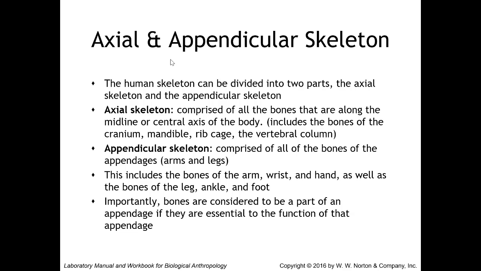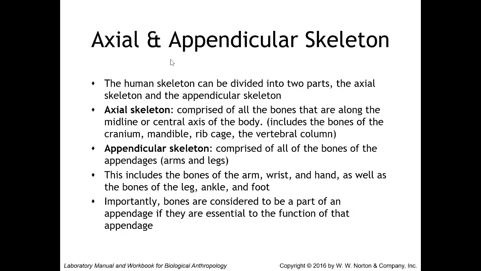What does this mean? It means that there are some bones that appear to lie on the central axis, right? It looks like they are on the central axis, but they're actually considered part of the appendicular skeleton, right? So we're talking about the pelvis, the hip. You think about it, it looks like it's right on the axial skeleton, right?